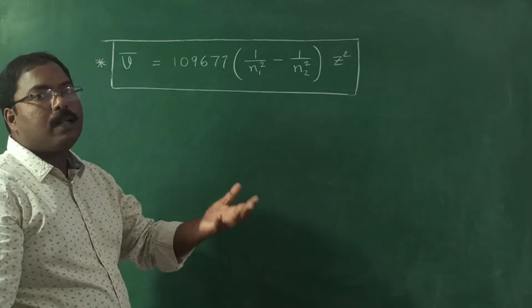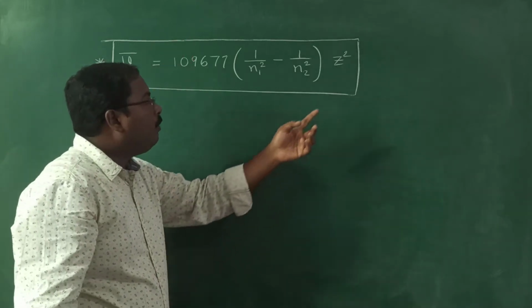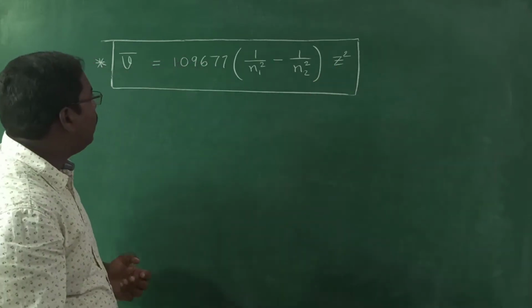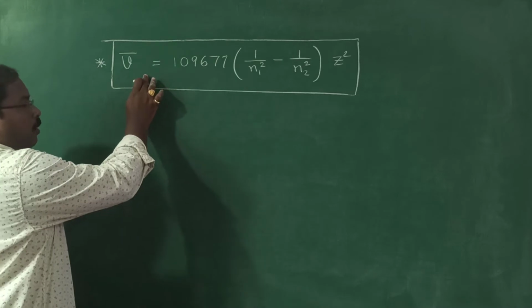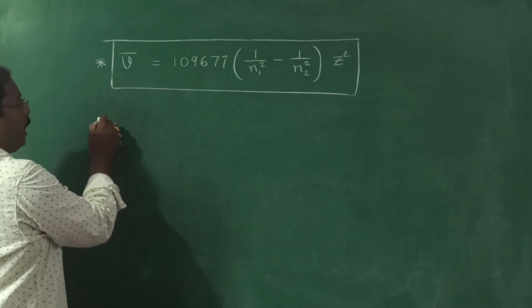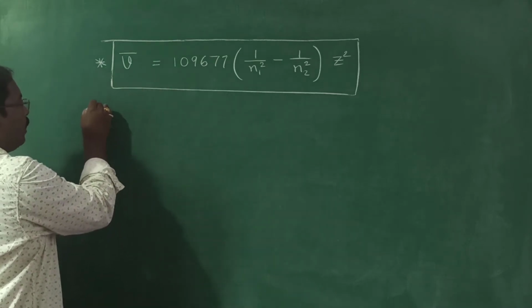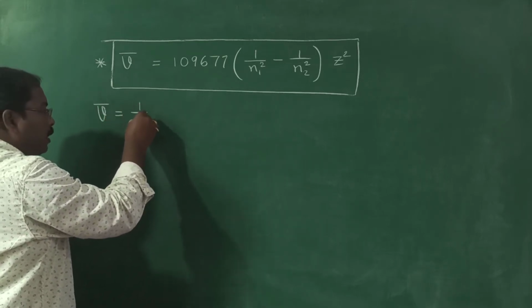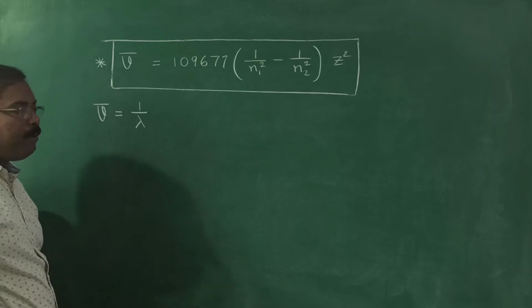Okay, orbits are also called as energy levels. Where Z means what we know, it is atomic number. Okay. Now the above given formula, for our convenience, I am going to write in different manner, because nu bar means what we know, it is a reciprocal of wavelength.